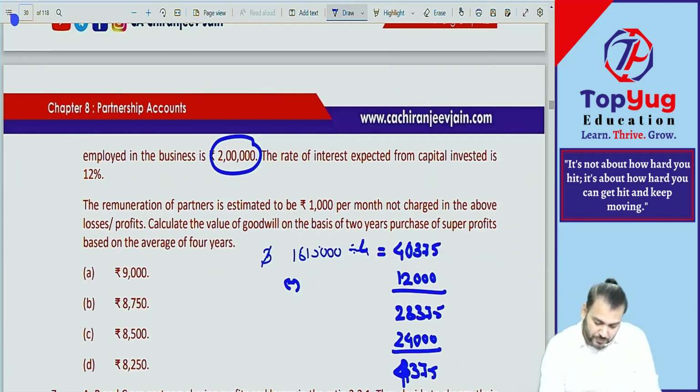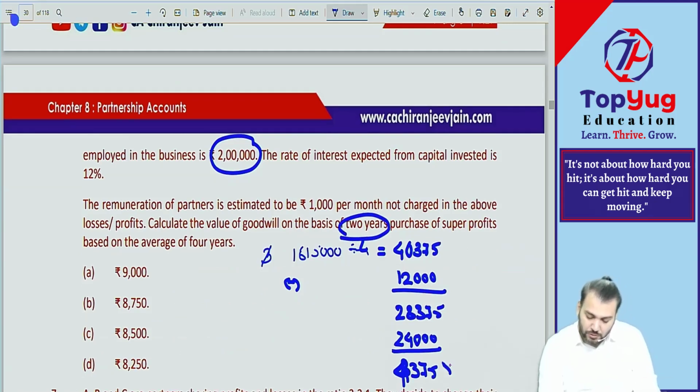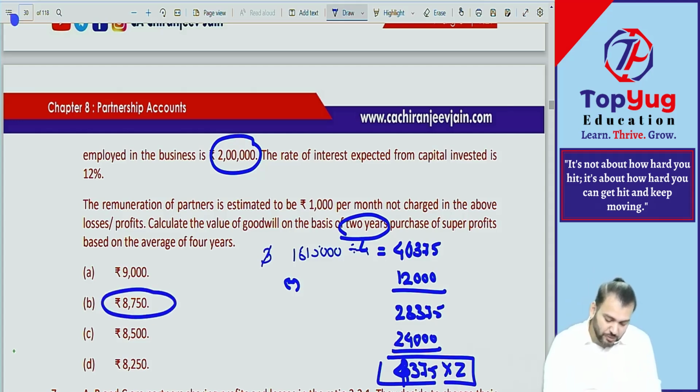4 they have given? Huh? 2 years. Why are you saying 4? So first read the question, then say 4. So into 2 is equal to how much? So 8,750 is the answer. But you want total profit now.